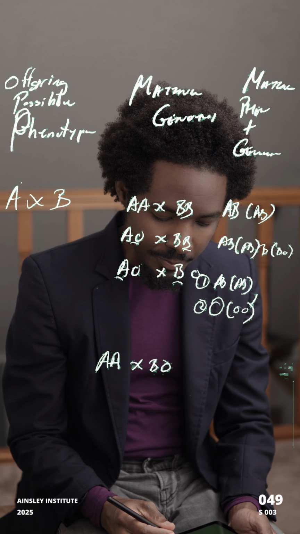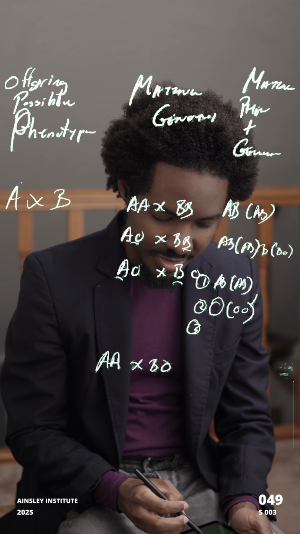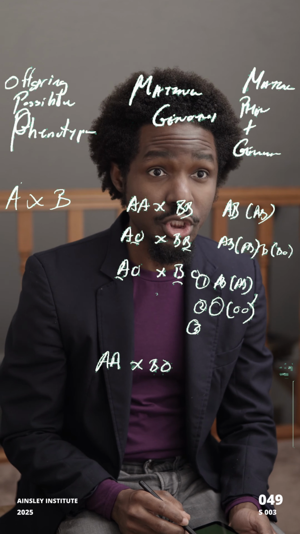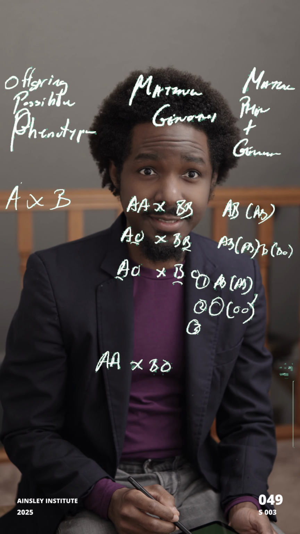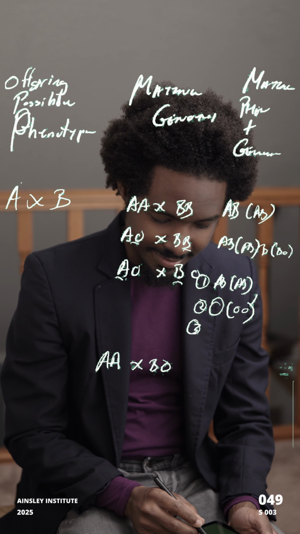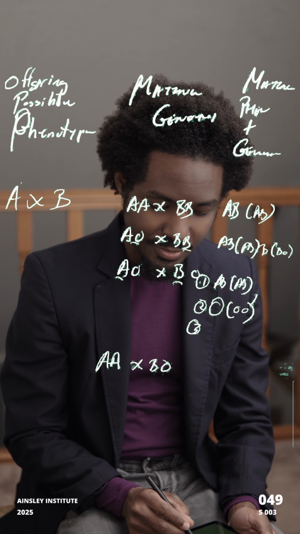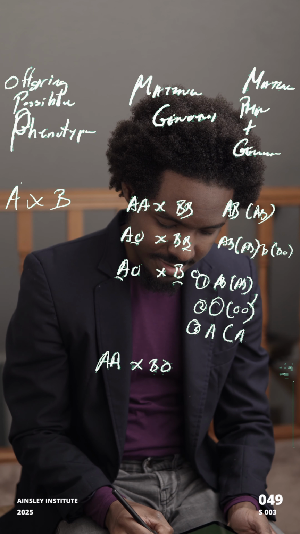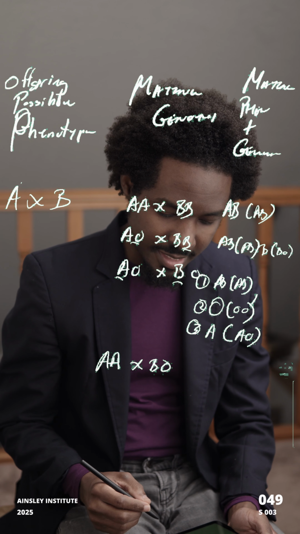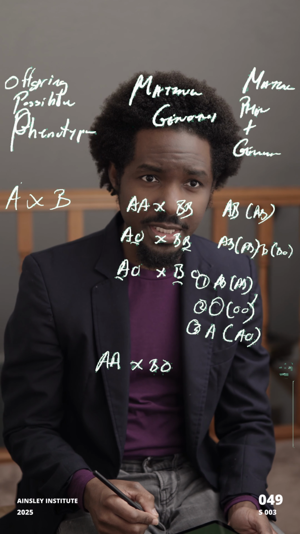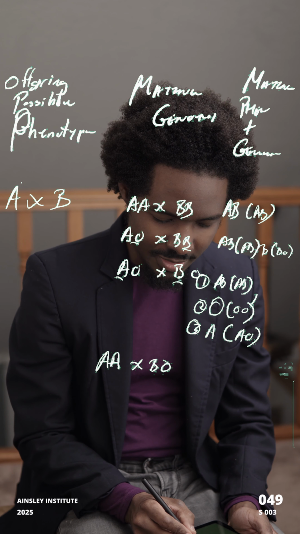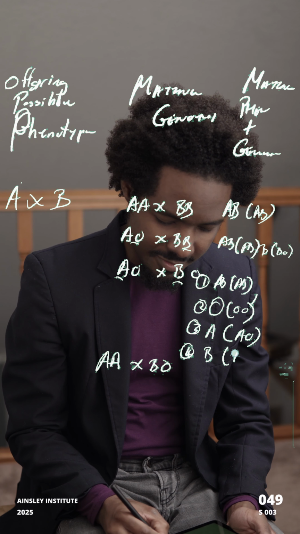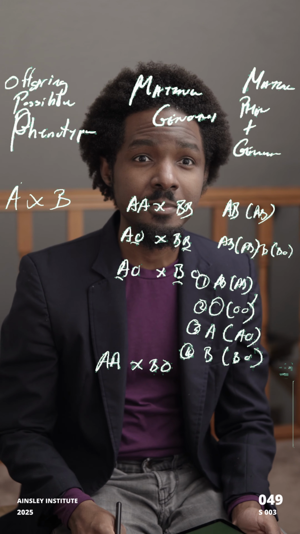All right, then there's another combination that is possible from this, and this combination is, guess what? AO, because A and O, so you have A, which is AO. So if you have AO, there is a possibility that you can have BO, right? Because you have B and O. So for combination B, this person is a BO individual.